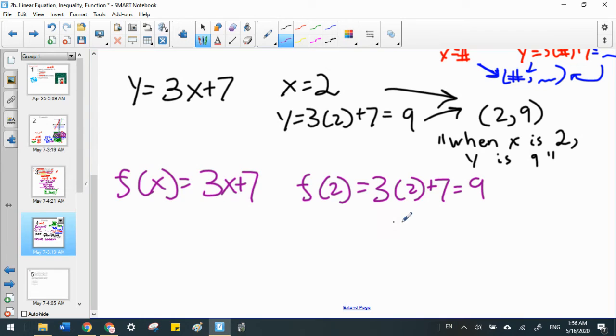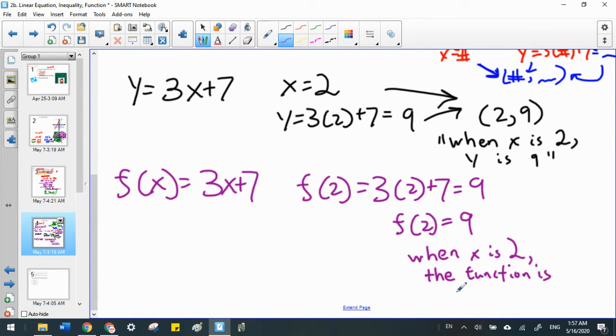And then I get to make the statement f of 2 is equal to 9, which says when x is 2, the function gives 9, which funnily enough also gives me the point on the coordinate plane (2, 9).